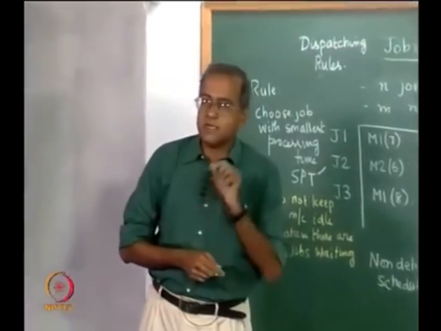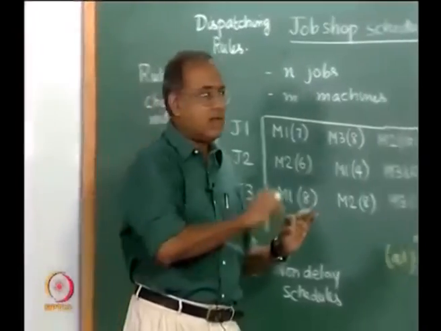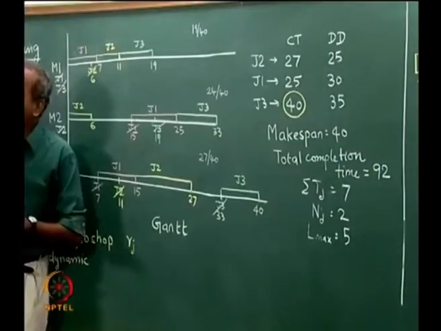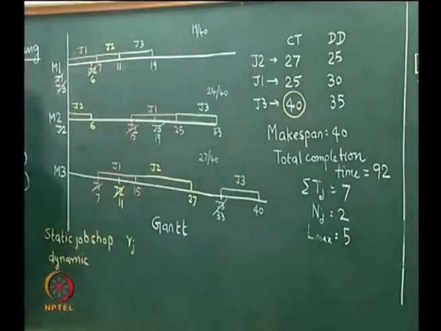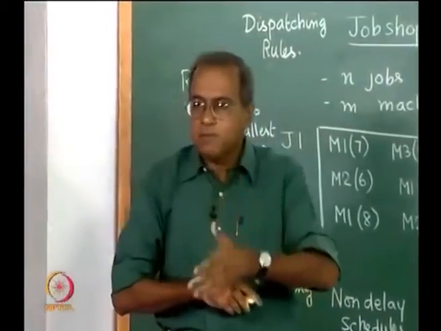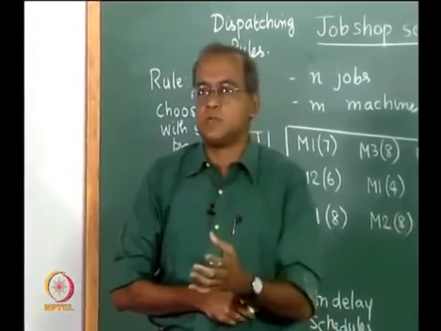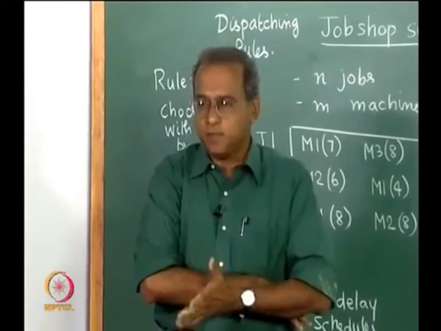So, the next question that comes is, while dispatching rules are very good at giving us solutions which are implementable and easy to understand, are there other heuristic methods, not based on dispatching rules, which can also be used to get solutions to the job shop scheduling problem?